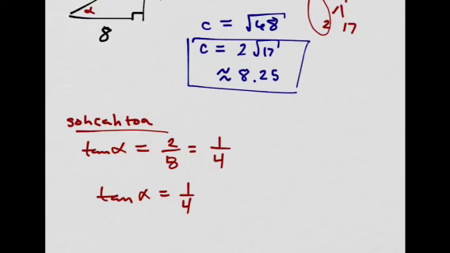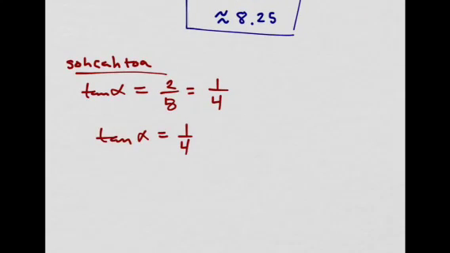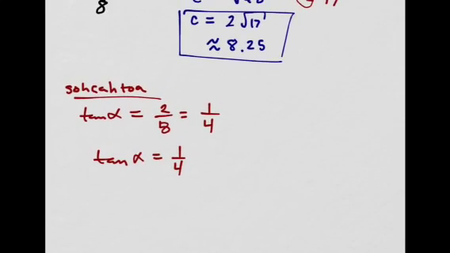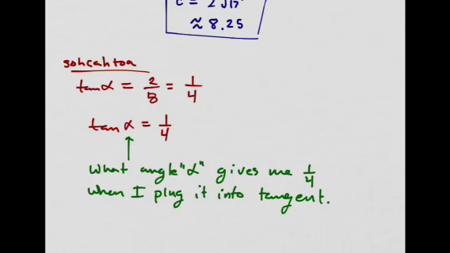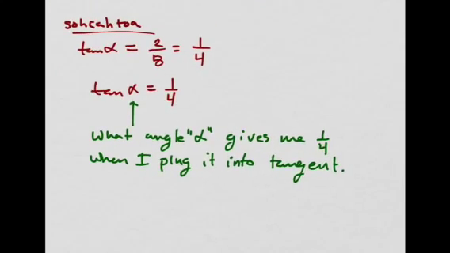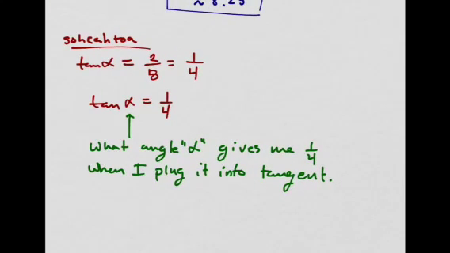And in a calculator I would do this because 1/4 doesn't ever show up on the unit circle coordinates. So I could take the arctangent of both sides. The question here, remember, is what alpha, when I put it into tangent, gives me 1/4. That's what I'm looking for, and I'm going to do that in my calculator. Make sure you're in degrees.